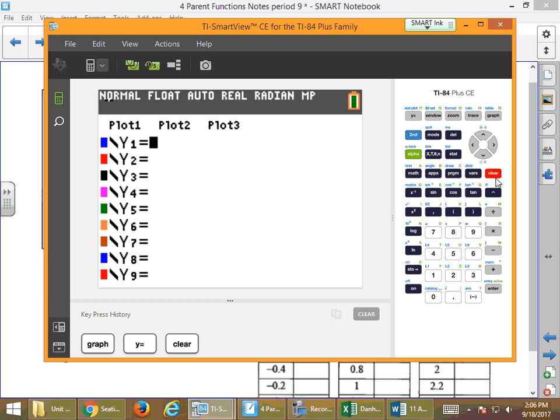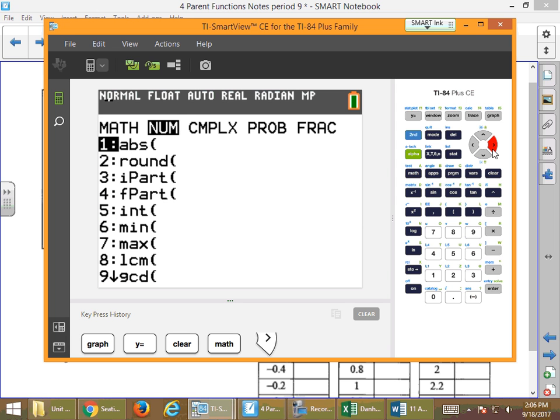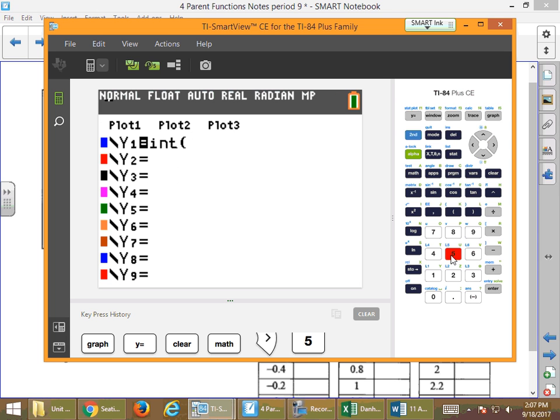On the Inspire, it's called the floor function. But in order to get to that on this particular calculator, we're going to go to Math. We're going to arrow over to Number. And then it's going to be number 5 in this screen. And then we type in your x. Greatest integer function. When I learned about these particular functions, they were called step functions.